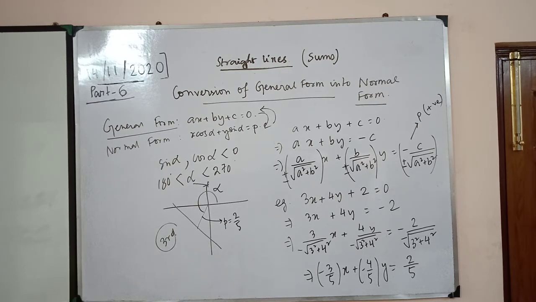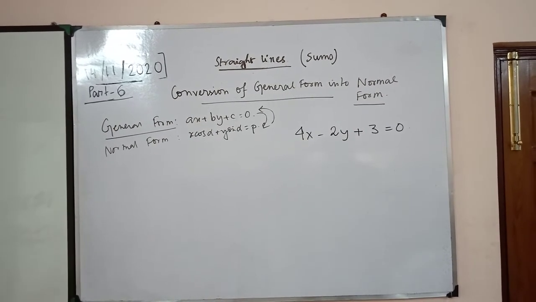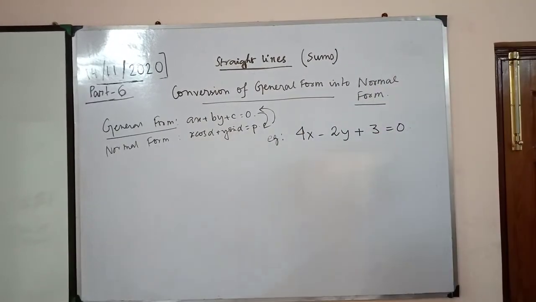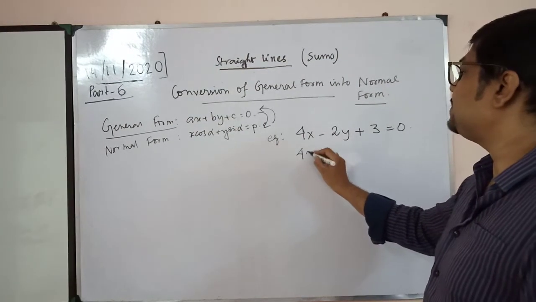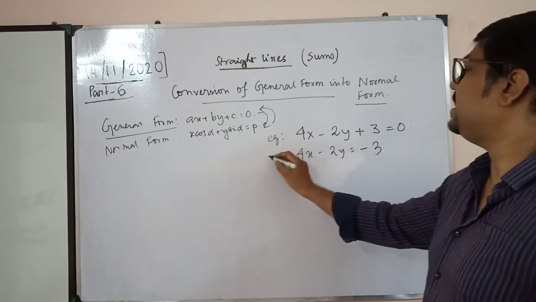Let us do another example. So we get another example, 4x minus 2y plus 3 equals to 0. So what we will do, first we will transfer this 3 to this side.